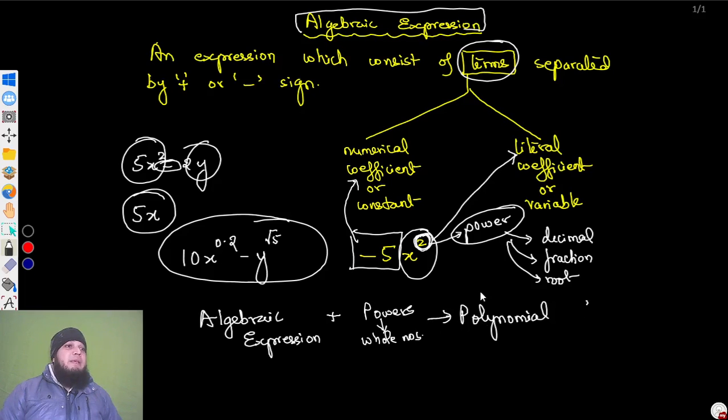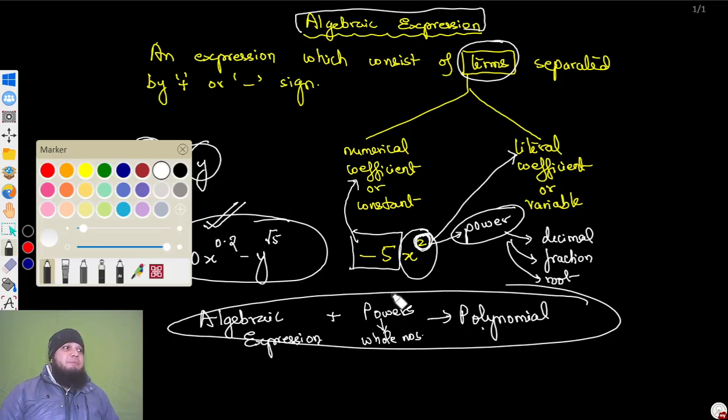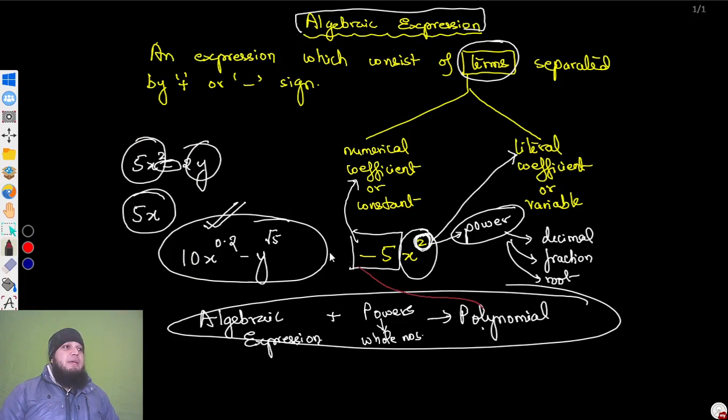So they will be called polynomials. I can call this expression an algebraic expression, but I cannot call it a polynomial because the power here is a root and here is a decimal, and for a polynomial the condition is that the power should be a whole number. Getting my point?